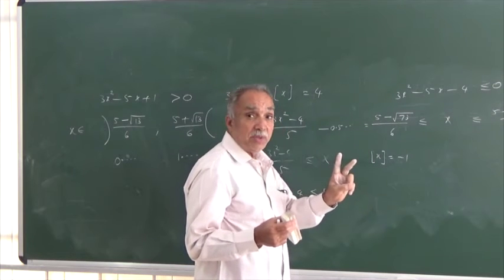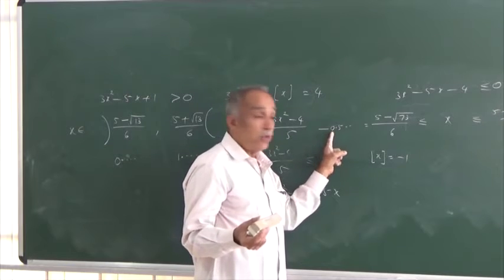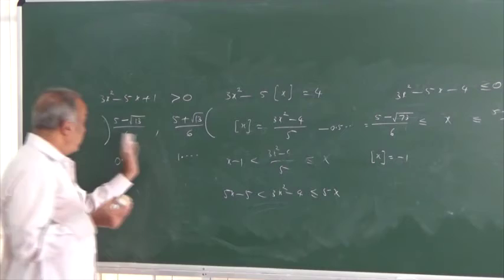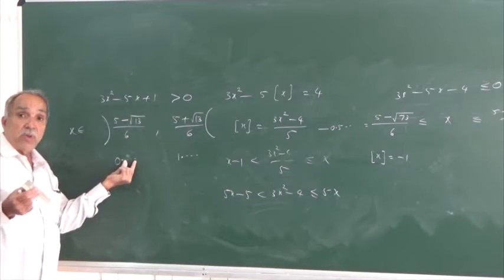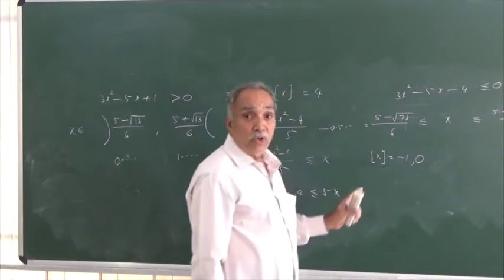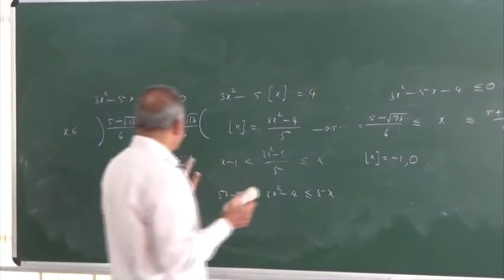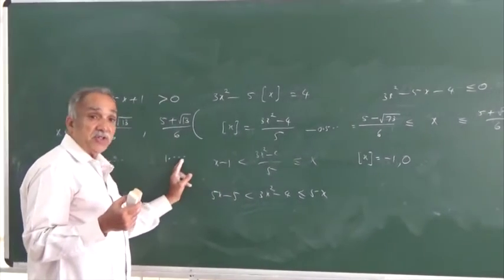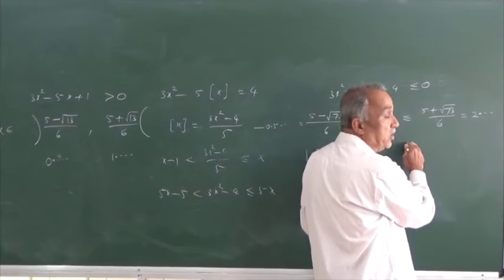So, I have two possibilities. The number may be between this number and 0 having integer part −1, or it may be on this side of 0, that is between 0 and this small number, in which case the integer part will be 0. Two possibilities. Next, on this side, x is a number greater than 1 point something, not 1, it is greater than 1 and must be less than or equal to 2 point something.